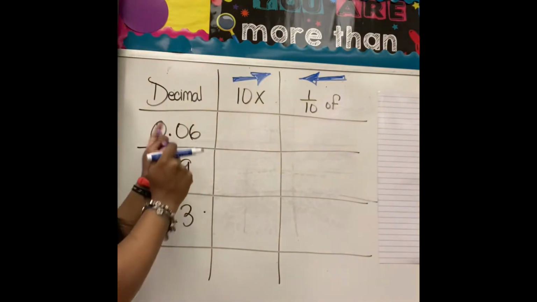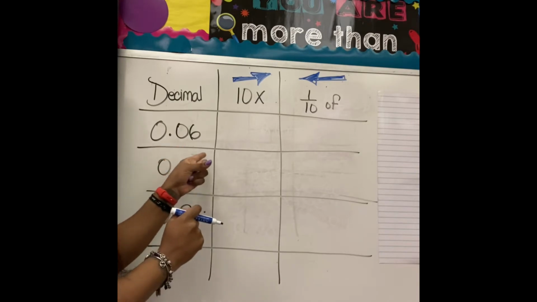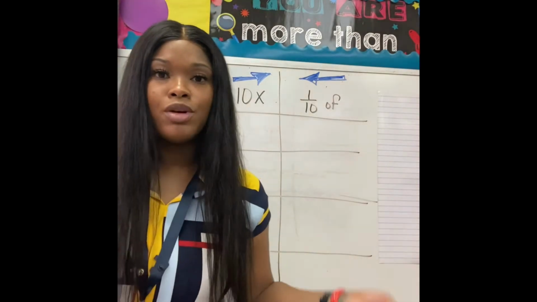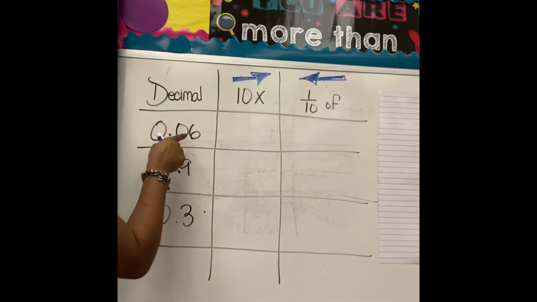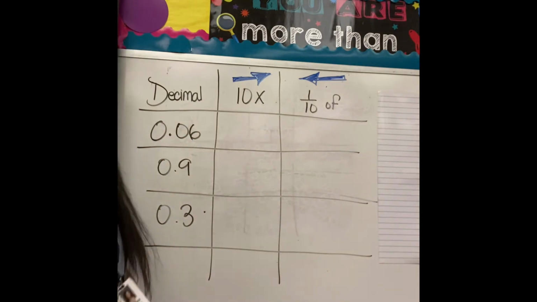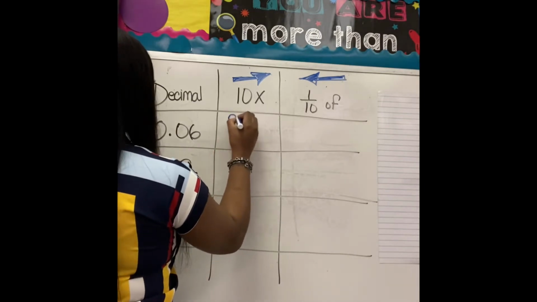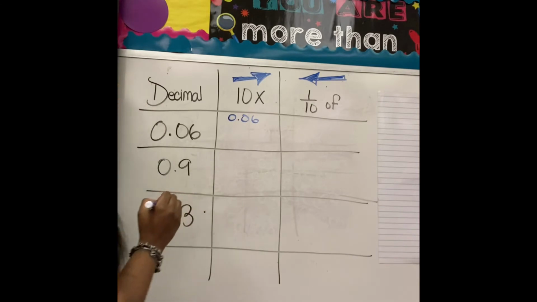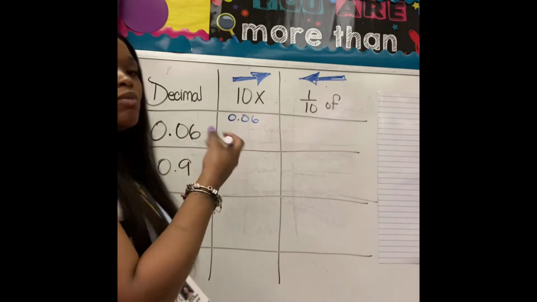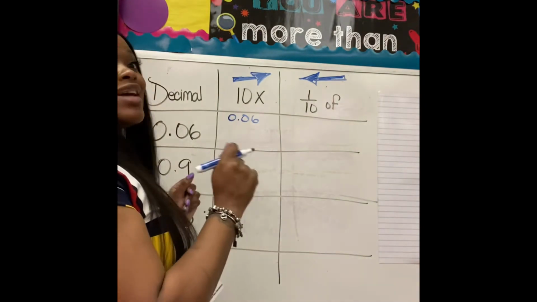Now let's try to apply it. If we have 0.06, that is not how you say the number. You would say 6 hundredths because our 6 is in the hundredths place. Now, if we're trying to figure out what is 10 times greater than 6 hundredths, if we're in this column and we just have a 10, we're moving our decimal to the right, to the right.